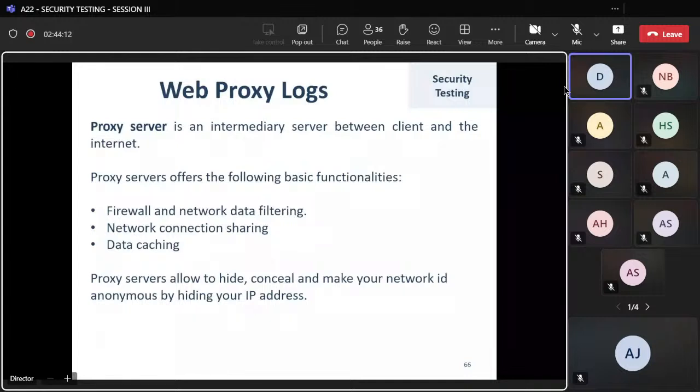Some of the basic functionalities provided by proxy servers: they can even provide a basic firewall and basic network filtering. They help with network connection sharing and data caching. They make your network ID anonymous by hiding your IP address, so that devices outside your network on the internet do not have the internal details of the client or endpoint requesting the service.